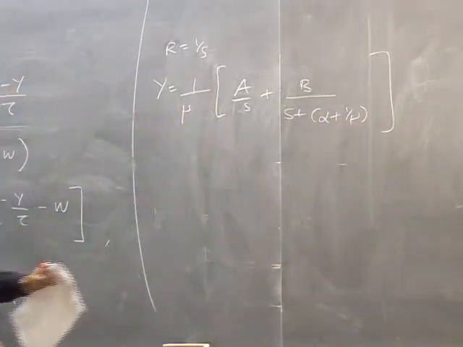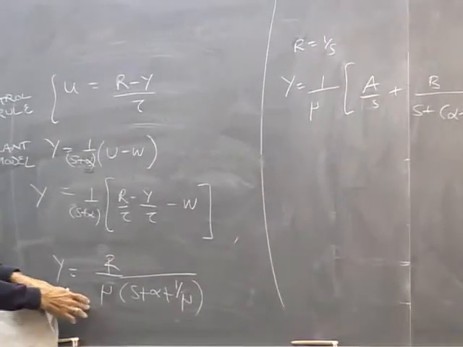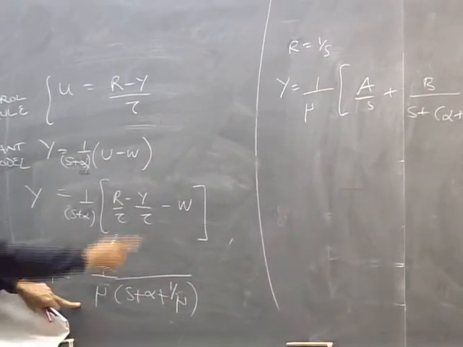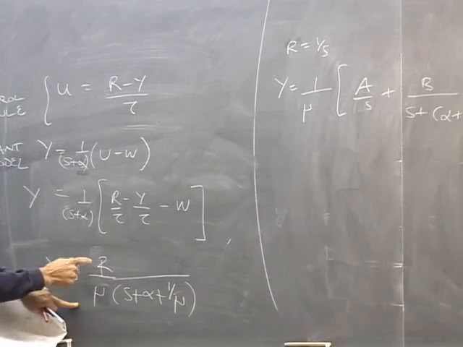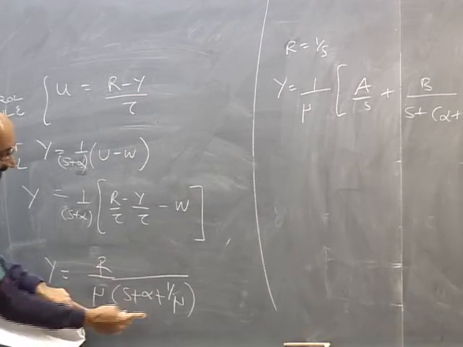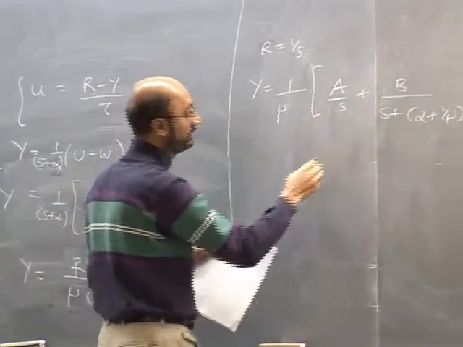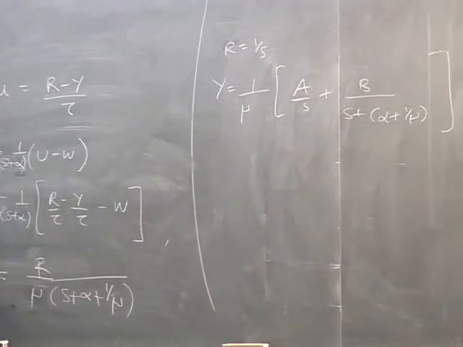This is the partial fraction, because the 1 over mu comes out, and with r equals 1 over s, it becomes 1 over s, and the other term is s plus alpha plus 1 over mu, so I can write this as A over s plus B over s plus alpha plus 1 over mu, because those are the two terms.